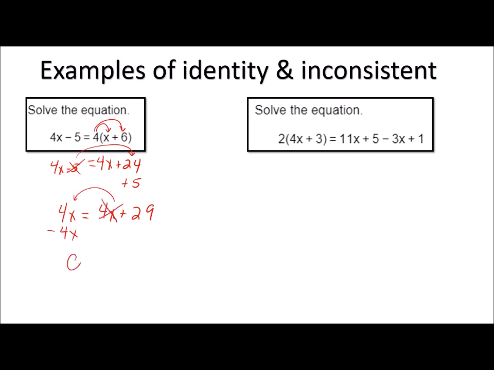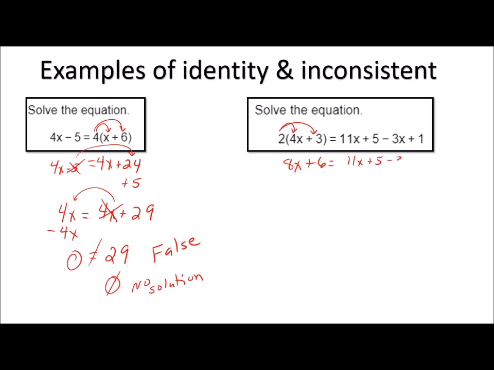So 4 minus 4 is 0x, which is just 0, equals 29. This is false. Notice the x terms canceled out and it left you with a false statement. If you're left with something false that cannot be true, then this is no solution. It is inconsistent.